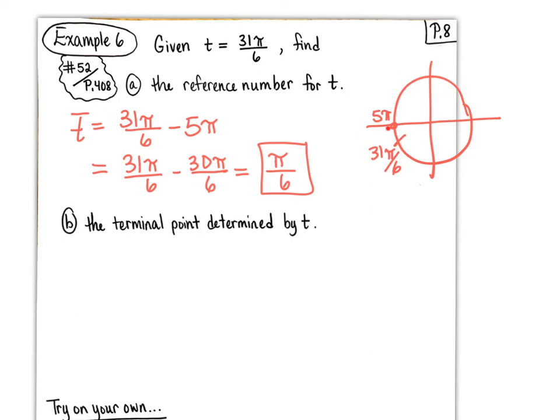So here, 6 pi over 6, 12 pi over 6, 18 pi over 6, 24 pi over 6, and then 30 pi over 6. 30 divided by 6 is 5, so you get 5 pi. Does that make sense? Okay. What other questions do you have?